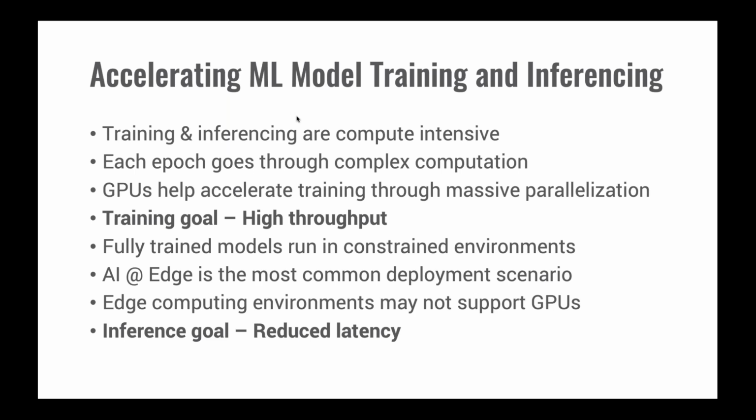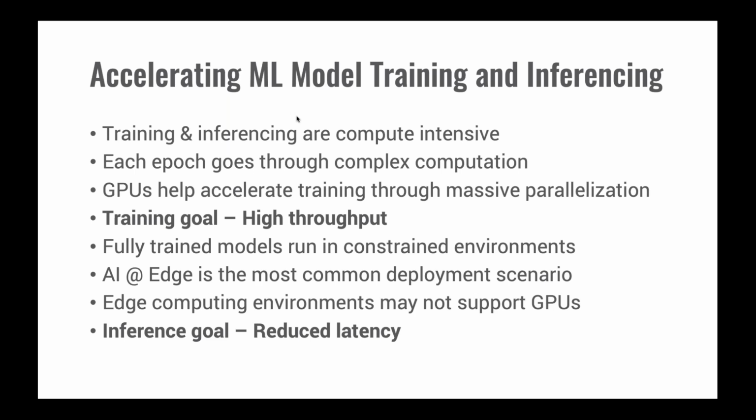Now, the second phase, which I mentioned as inferencing, runs in extremely constrained environments. And AI at edge is becoming the most common deployment scenario. What I mean by this is, imagine a scenario where you have trained a machine learning model for object detection, and this model is now deployed in a real-time environment as a part of a CCTV camera deployment. So every time an object shows up, for example, we might train this model to identify weapons or some of the sensitive objects, and every time it shows up in the camera, an alert has to be sent out.